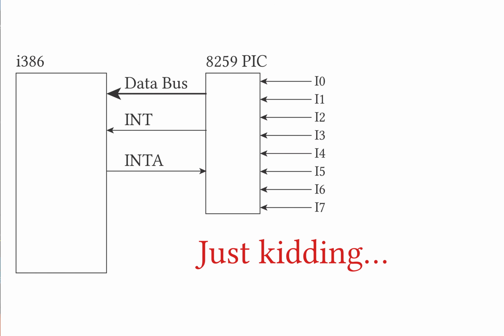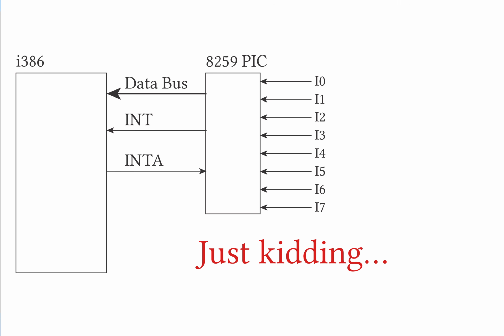When I talked earlier about the way the PIC is connected to the CPU, we can bring up that diagram again real quick. Basically, the PIC is connected to the CPU. I said earlier that there are only 7 interrupt inputs to this 8259 PIC, and I went through the whole process of what happens when a peripheral device raises one of those interrupts, and how the 8259 communicates with the 386.